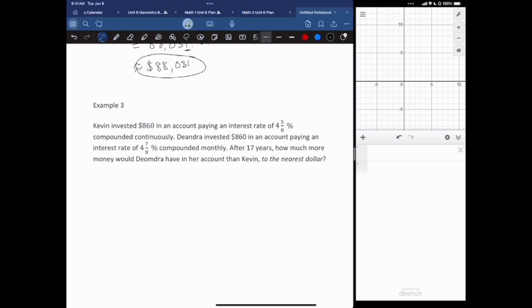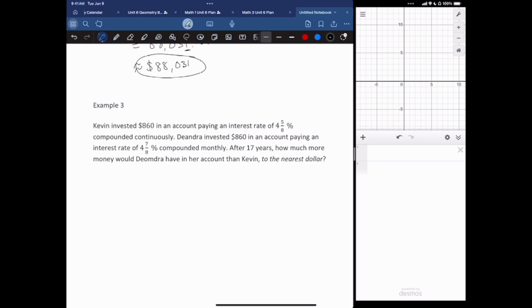All right, last example. Kevin invested $860 in an account paying an interest rate of 4 5/8% compounded continuously. Deandra invested $860 into an account paying an interest rate of 4 7/8 compounded monthly. Giant red flag: we're using 2 different formulas. Kevin is going to be using the formula with the letter E. Deandra is going to be using the formulas from our last lesson.